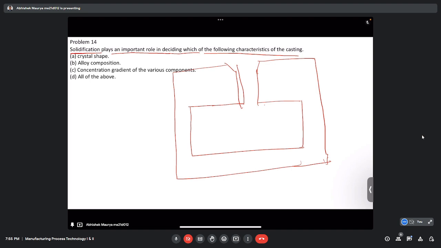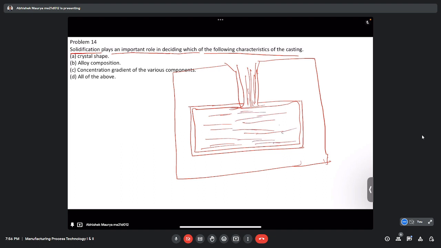This mold will be filled with the molten metal. So when this cavity is filled with the molten metal, then what will happen?